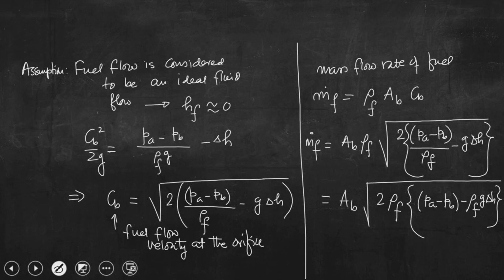important assumption, that we have considered the flow of fuel to be an ideal fluid flow. That is not possible in reality. Also try to understand that while we have established the expression of mass flow rate of fuel, we also did not consider the effect of surface tension that would be there. Why is it important?